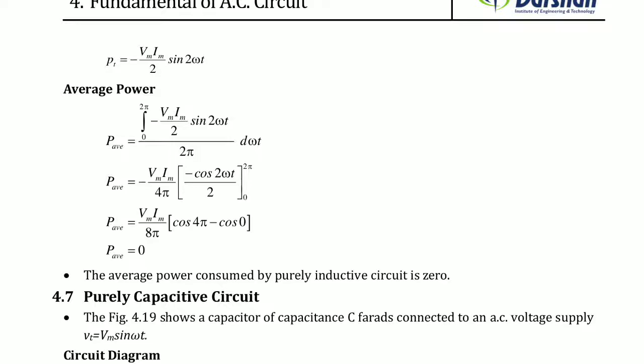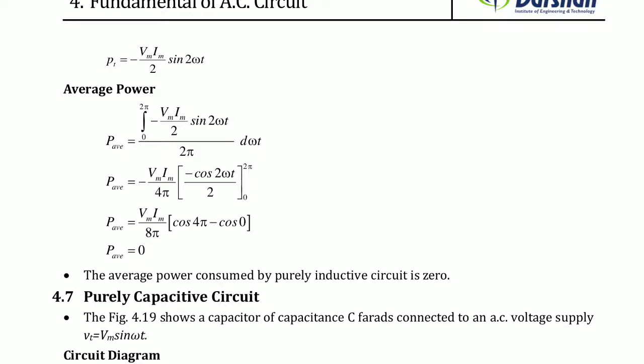Cos 0, cos 2 pi and cos 4 pi are all 1, so 1 minus 1 gives 0, and 0 times anything is 0. So the average power of the inductor is 0.